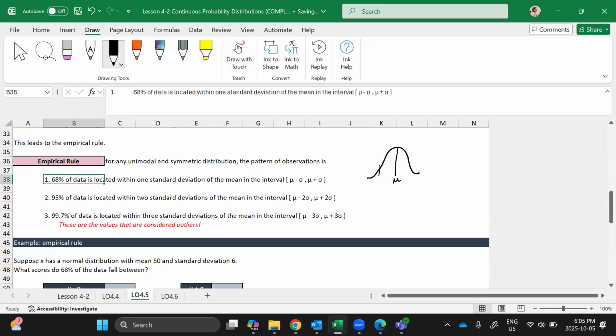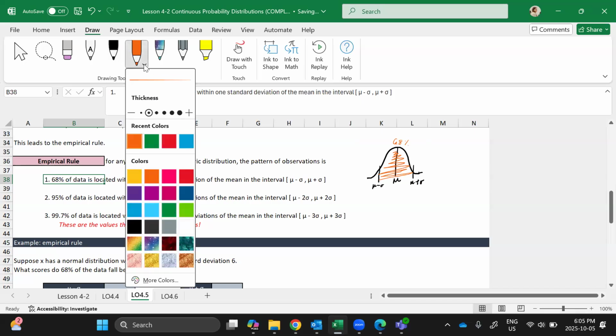If you go 1 standard deviation less than, so the mean minus the size of the standard deviation, and the mean plus the size of the standard deviation, we can say that 68% of all your data will be in this range between those 2 points. 68% probability of being between 1 standard deviation lower and 1 standard deviation above.